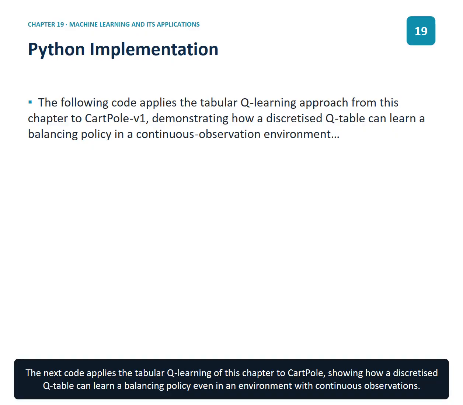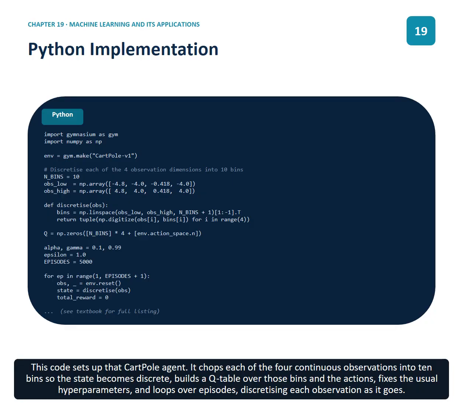The next code applies the tabular Q learning of this chapter to CartPole, showing how a discretized Q table can learn a balancing policy even in an environment with continuous observations. This code sets up that CartPole agent.